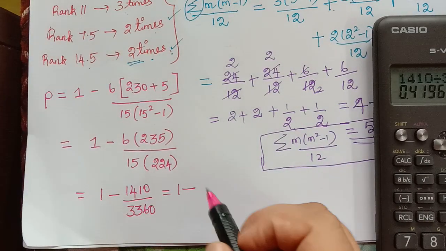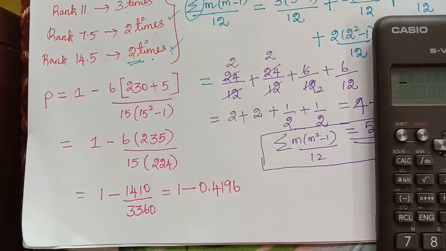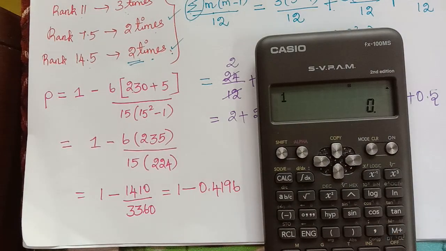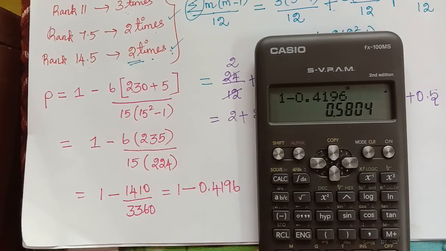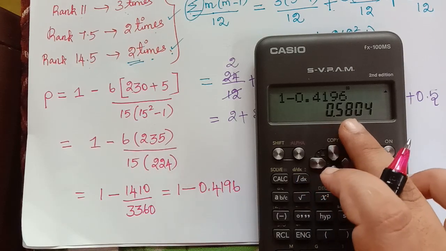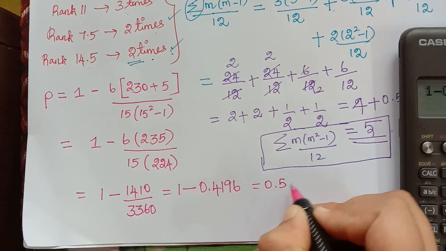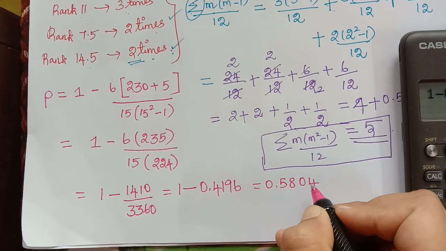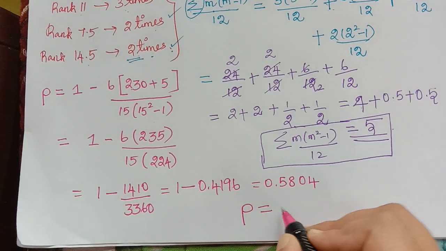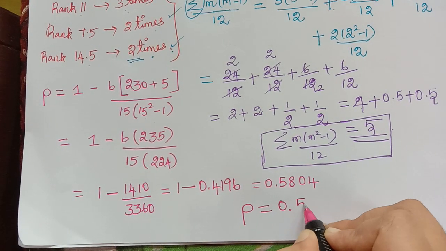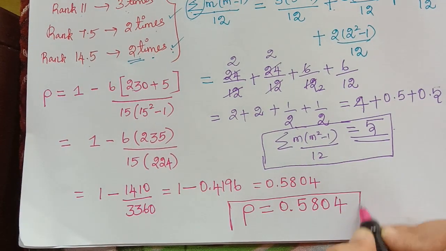I will take it to 4 decimals. So 1 minus 0.4196 equals 0.5804. Therefore, the value of the rank correlation for the given problem is 0.5804. So this is the answer.